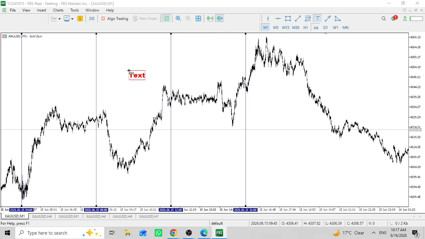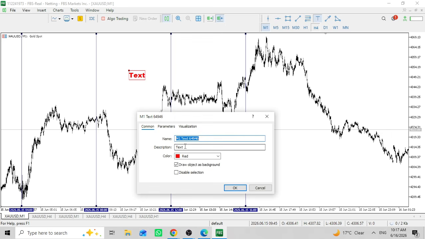Put this here. I want to write: solve market using 3, 6, and 9.